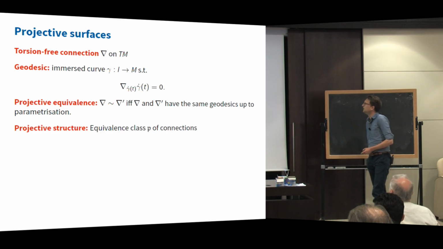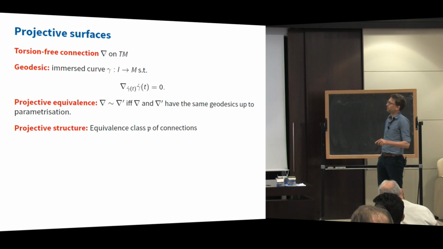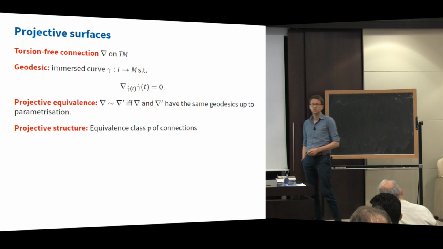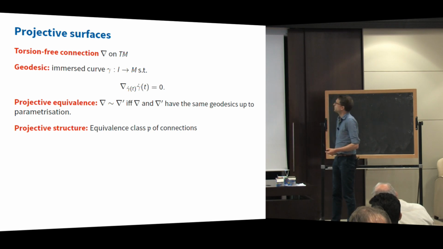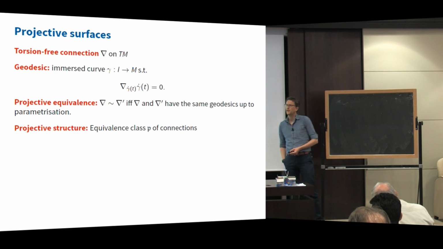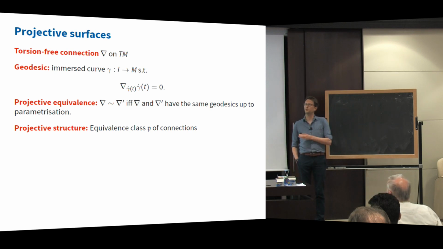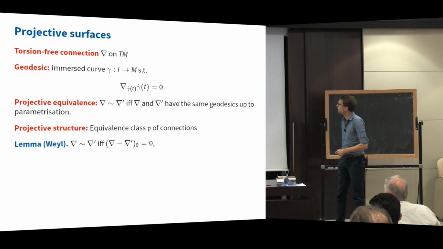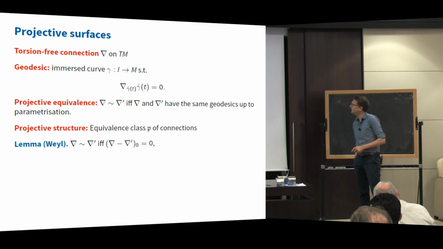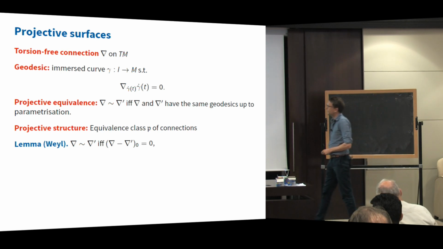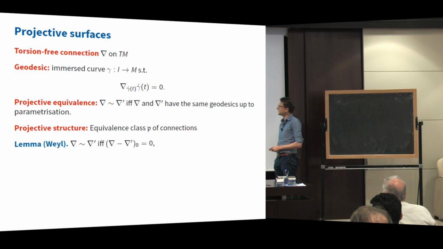A projective structure is then simply an equivalence class of connections. You can ask concretely, what does it mean on a computational level for two connections to be projectively equivalent? There's a simple relation, a lemma due to Weyl: two connections are projectively equivalent if and only if their difference, which is a tensor, is pure trace.